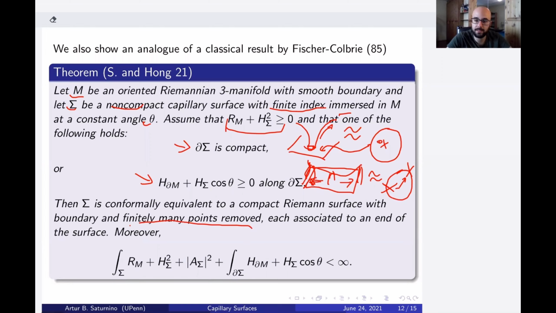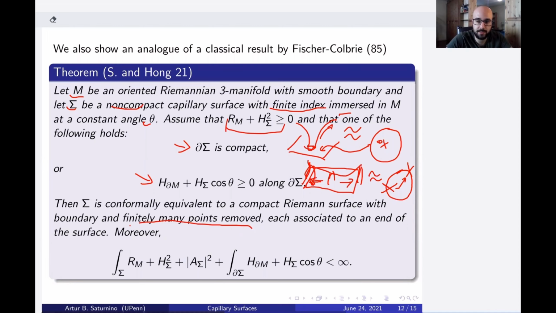So we call these ends boundary ends, and we call the ends in the interior interior ends. For more about it, see the second video of the series.